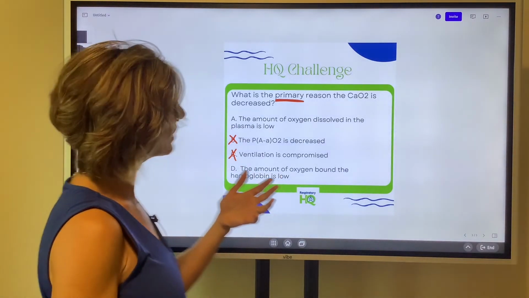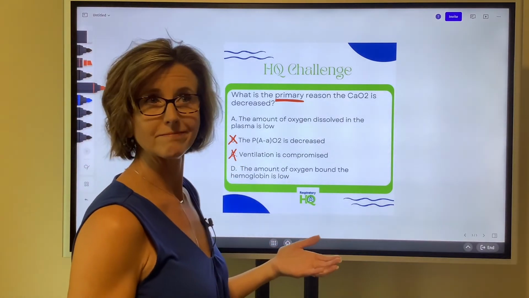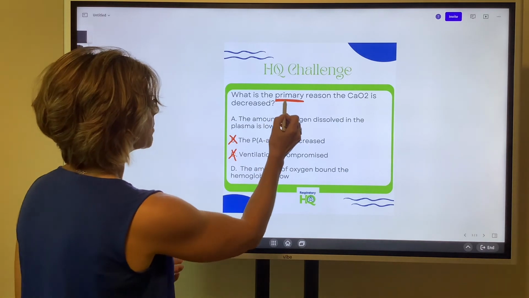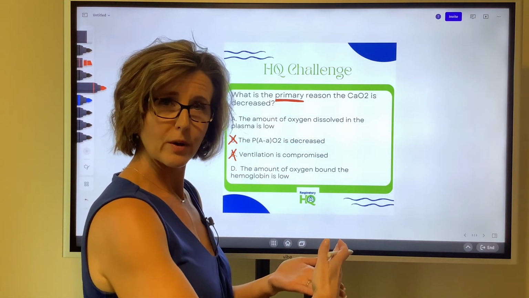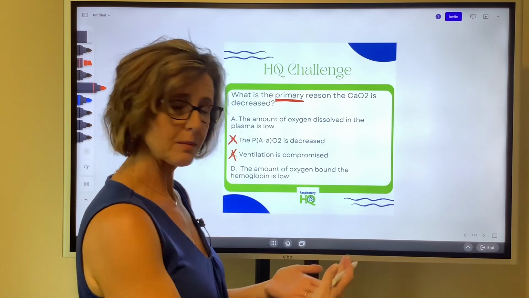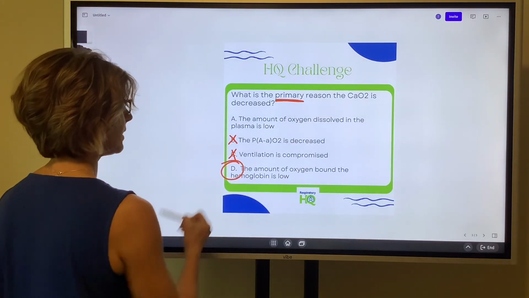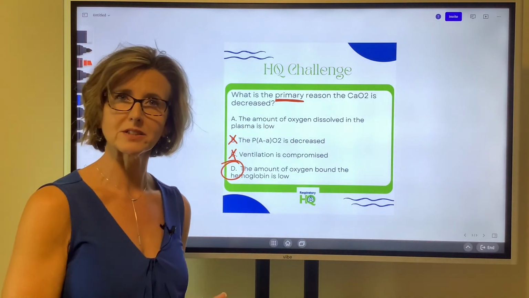Well, that is a true statement. Or the amount of oxygen bound to the hemoglobin is low. Well, that's a true statement also. But we go back, what is the primary reason? The main way oxygen is transported in the body is bound to hemoglobin. So this person's O2 content is low because of that low saturation, what is bound to the hemoglobin.